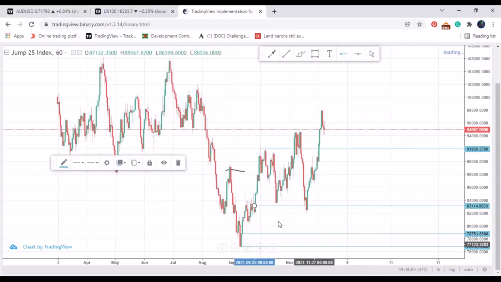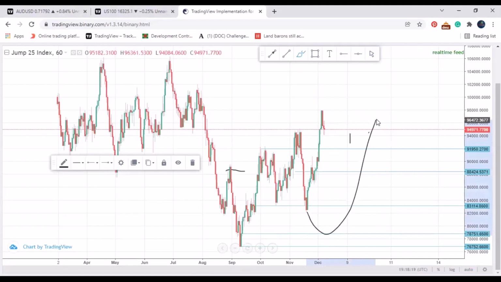We want them as close to the low as possible. These ones are mitigated order blocks. I would have wanted a scenario where price retested this order block and went up, but it didn't. So we move on to the next high.